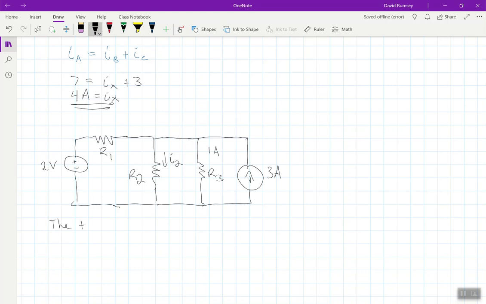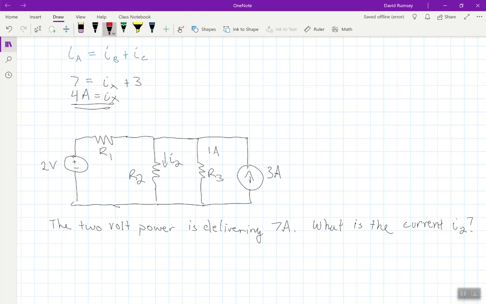The 2-volt power supply is delivering 7 amps. What is the current I2? So let's draw on the circuit here what we're given.